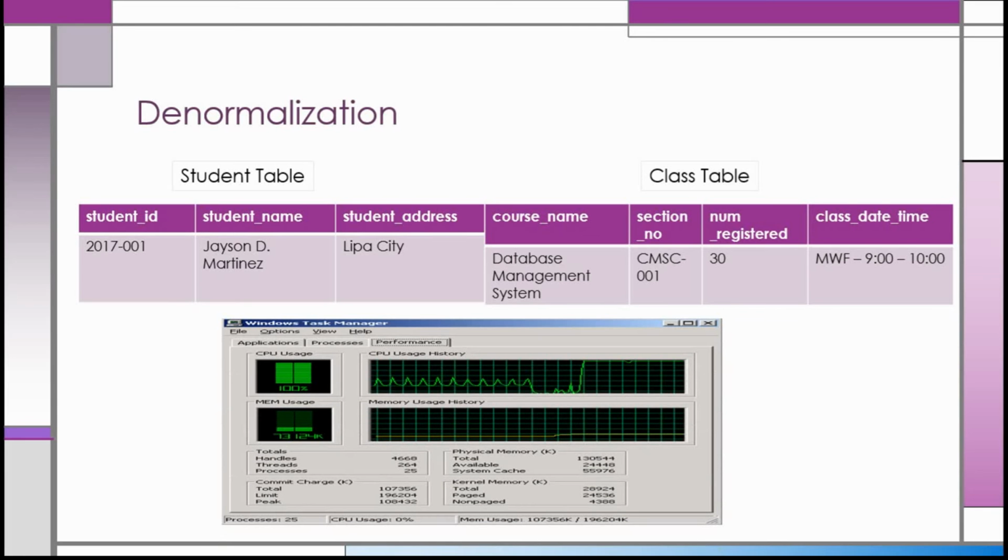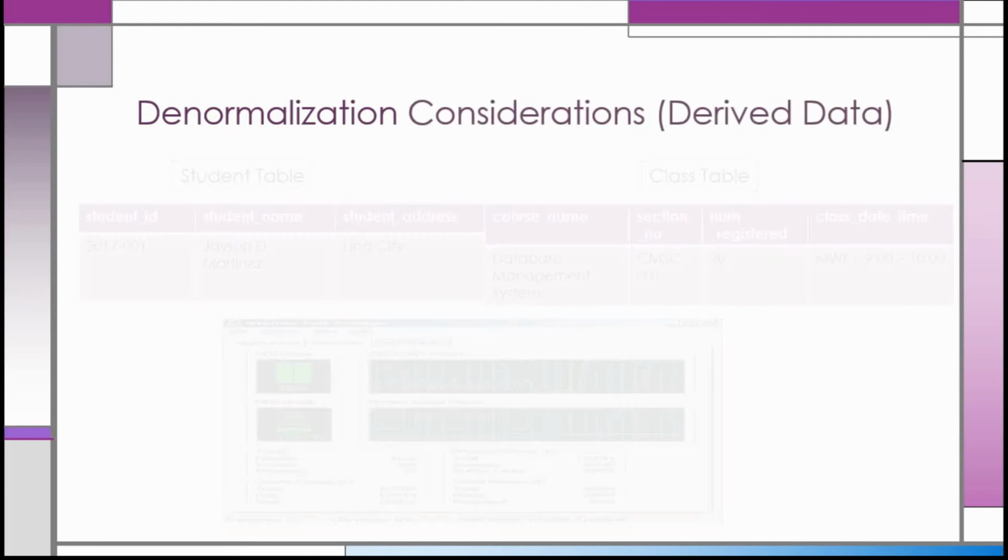And sometimes, if we don't have good practice in cross-referencing tables, we could produce high CPU usage that will lead to shutting down our computer. So let's look at some of the considerations.